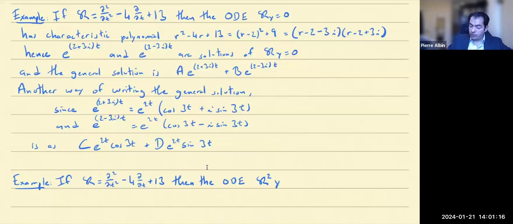So here R squared y, I mean R composed with R, applied to y equal to 0.